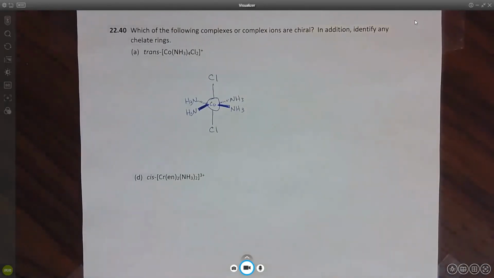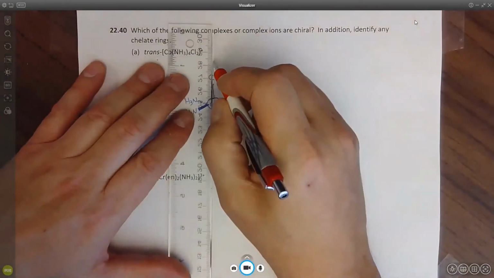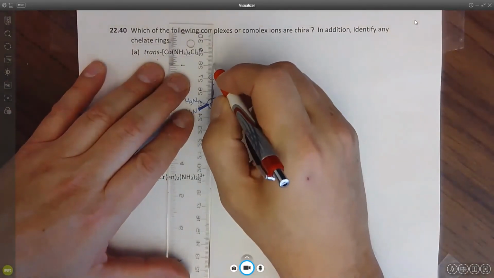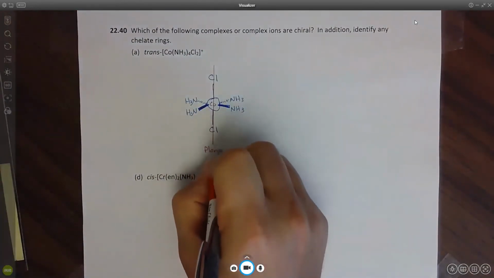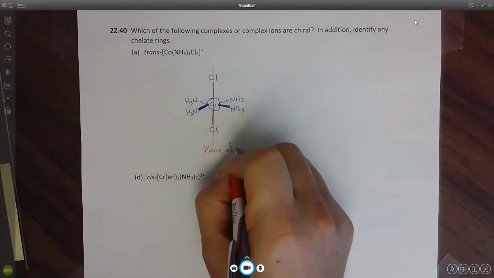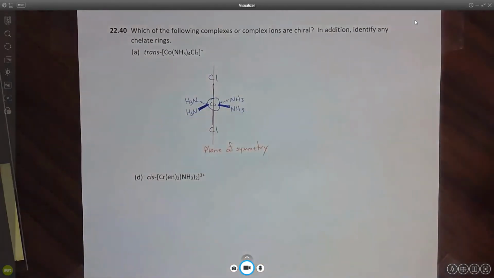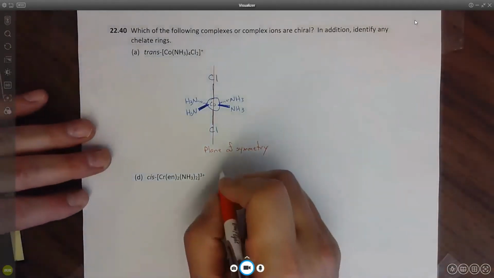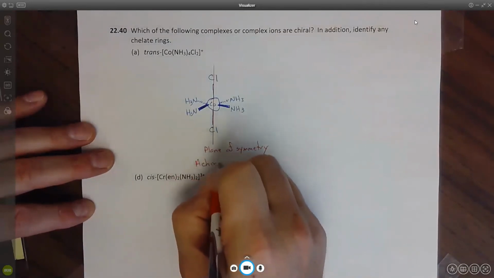But as we can clearly see with this particular complex ion, if we split it right down the middle here, we can see that we have a plane of symmetry. So there's our plane of symmetry. That means this is not chiral, and we would say that this compound is actually achiral.